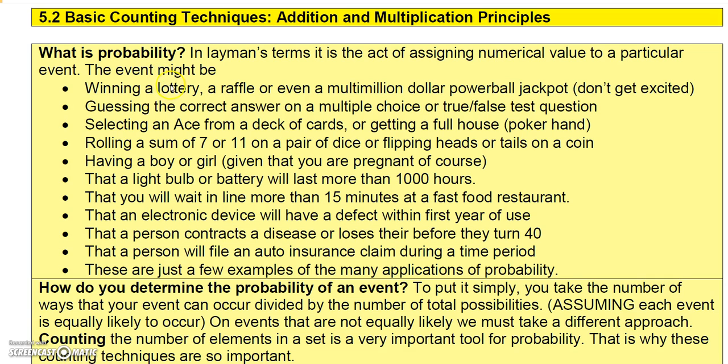So some examples of this would be if you wanted to calculate the probability of winning a lottery or a raffle.